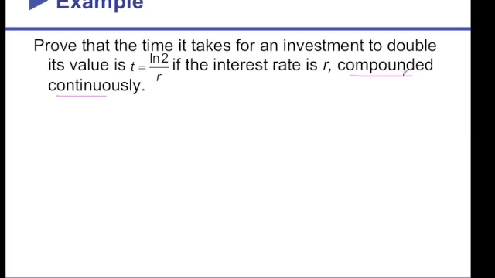Well, compounded continuously, you remember the equation as s equals p times e to the rt. And we want it to double, so say p was 1, we want it to double to 2, so 2 equals 1 times e to the rt. So I've only got 1 there. I now can change this to logarithmic form: the log of 2, this is base e, and the exponent is rt.